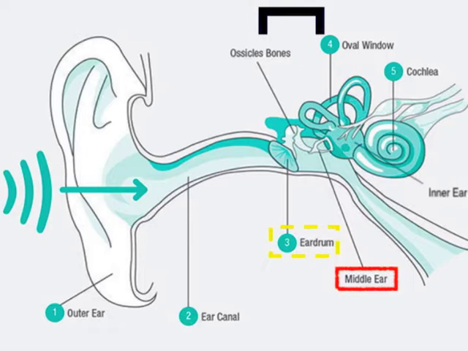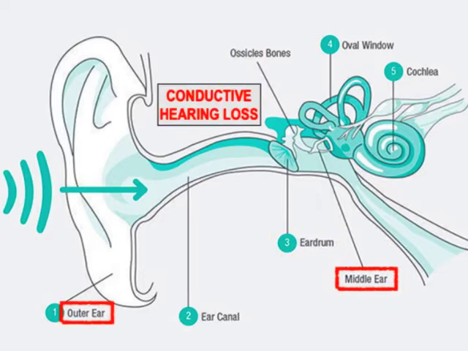The middle ear consists of very small ossicle bones known as the malleus, incus, and stapes. These three bones all work together to make sure the sound energy reaches the oval window of the cochlea. If there is a problem in the outer ear and/or in the middle ear, this is called a conductive hearing loss.